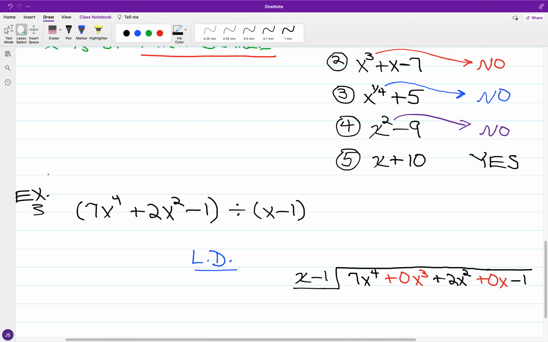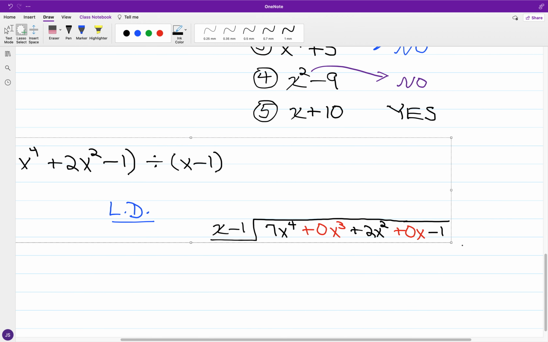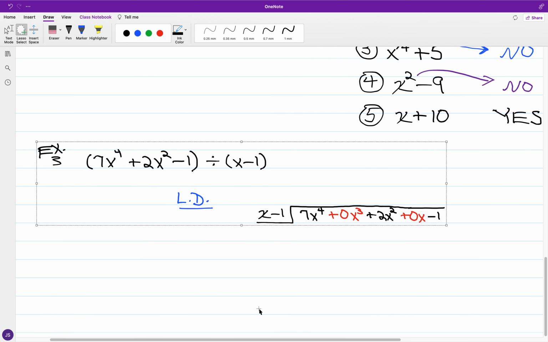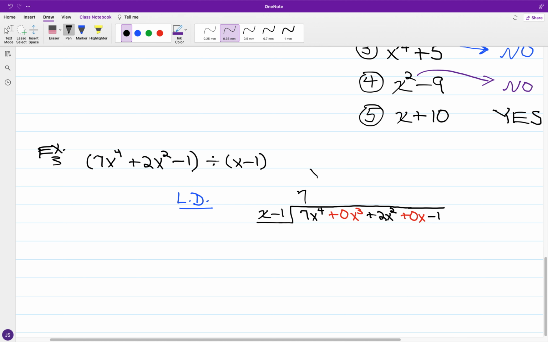So just looking at what we have for the long division, we take the leading terms from the divisor and the dividend. I have x into 7x to the fourth, or 7x to the fourth divided by x, so this will leave us with 7x cubed. Again, I'm just going to do a little bit of work on the side here, at least for the initial examples.